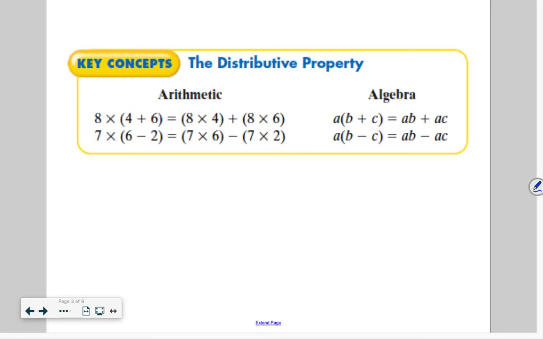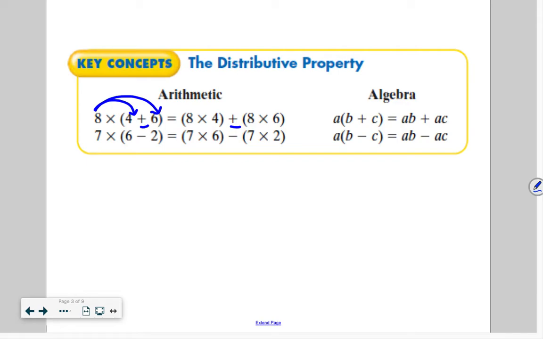Let's do an example in your notes. 8 times (4 plus 6). We are distributing the 8 to the 4 and the 8 to the 6. So notice you've got the multiplication sign, so 8 times the 4 gives me the first parentheses. Then I record my addition sign, and 8 times the 6 gives me my second parentheses.